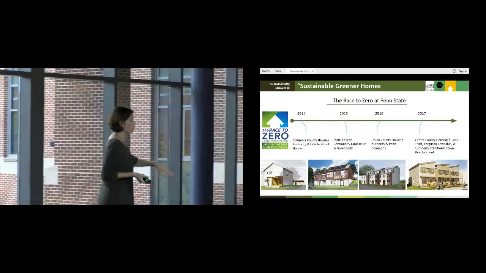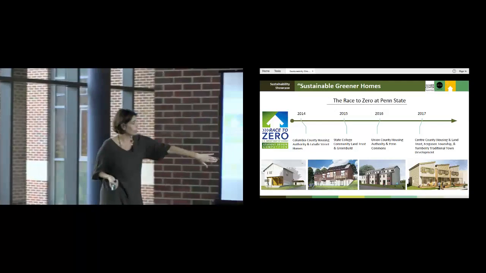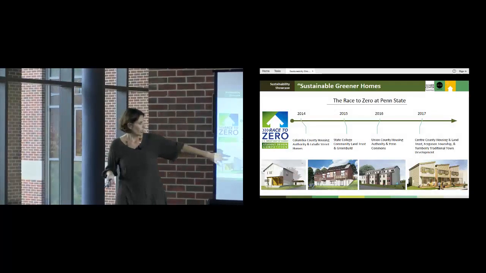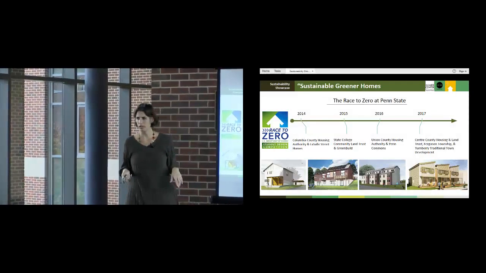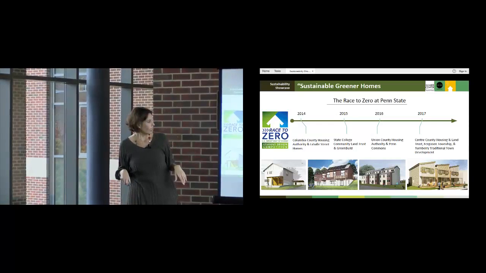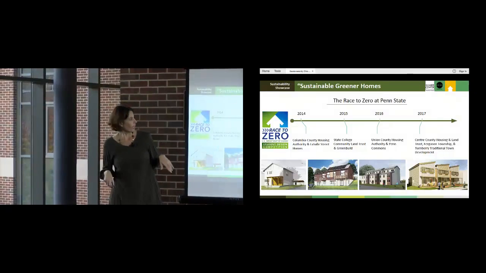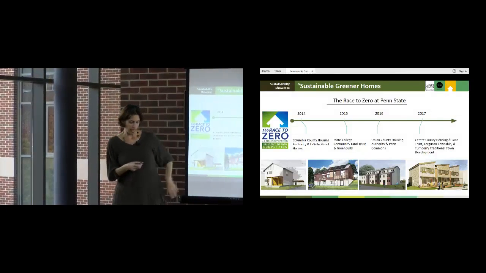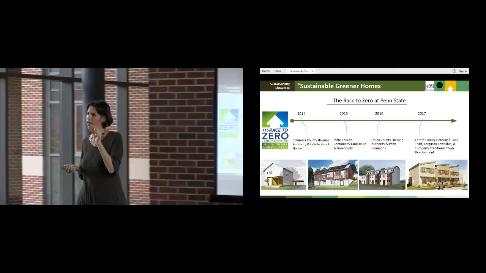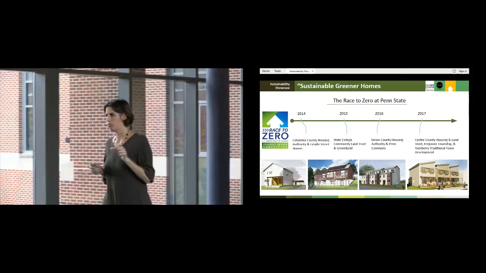And so in the first year, we were partnered with Columbia County Housing Authority. I'll talk a little bit about our collaboration here in the borough with the State College Community Land Trust. We work with partners in Union County in 2016, and last year it was actually, okay, how can we have a larger impact?